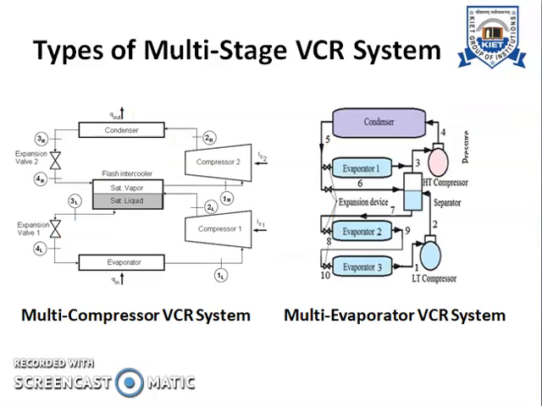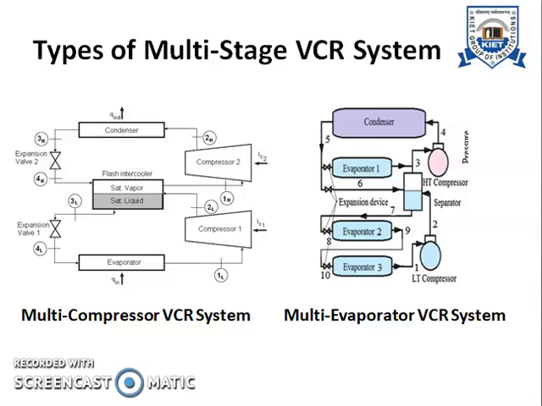Now, as discussed in the previous slide, we have different types of multi-stage vapor compression refrigeration system. The left hand side is the multi-compressor VCR system. As you can see here, we are using two compressors, one condenser, and one evaporator.